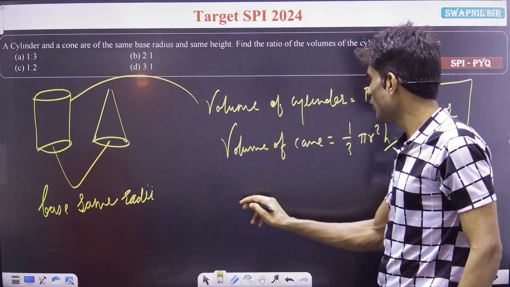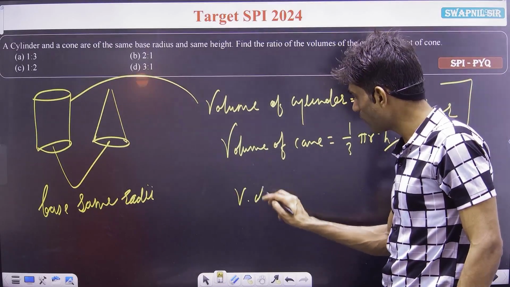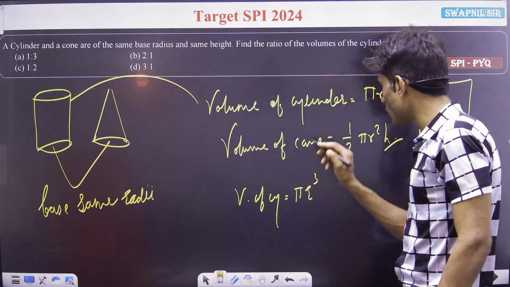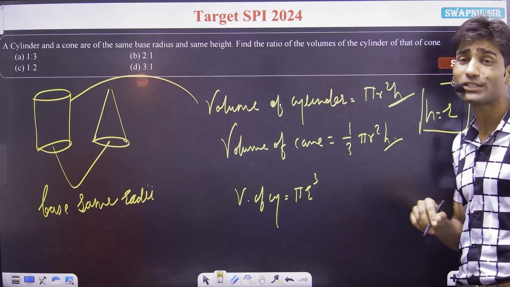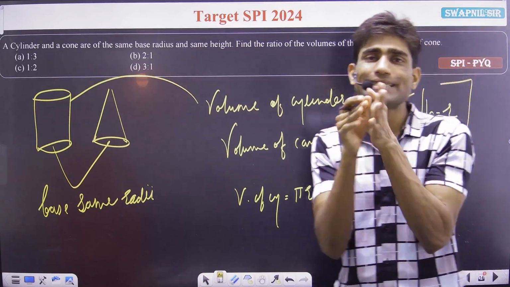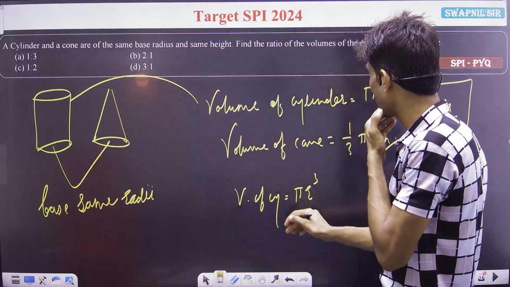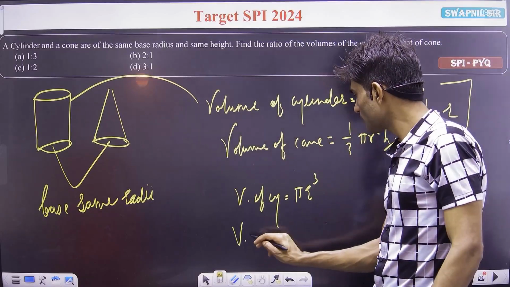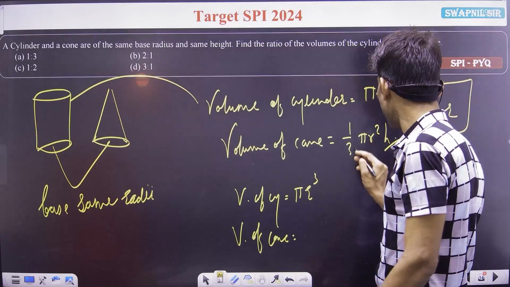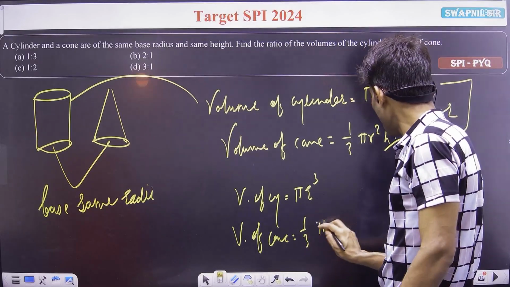Then the volume of the cylinder is pi r cube. Why pi r cube? Because height is equal to radius, so r square into r, and when the base is the same, we add the powers, giving pi r cube. The volume of the cone is 1/3 pi r cube.